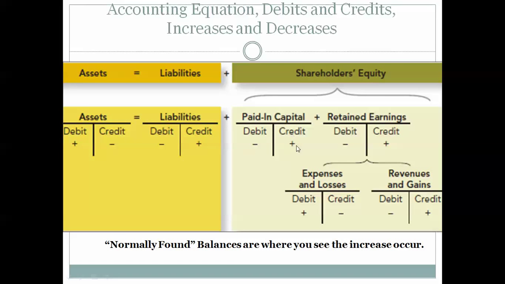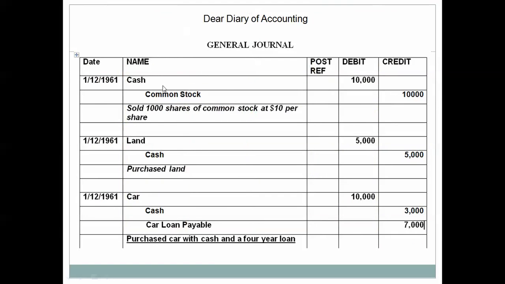It goes up on the credit side. So this little story says, Dear Diary, Dear General Journal, on 1/12/1961, we got some cash, it went up, and we gave some stock, our equity went up. All of that story is told with this journal entry.